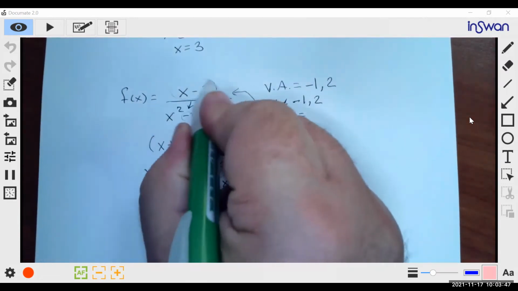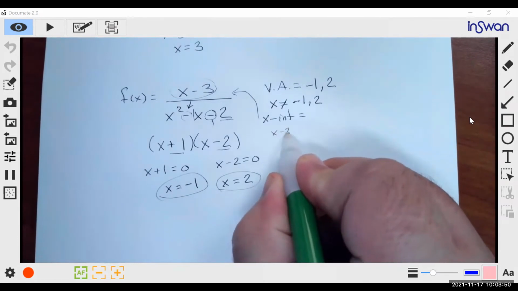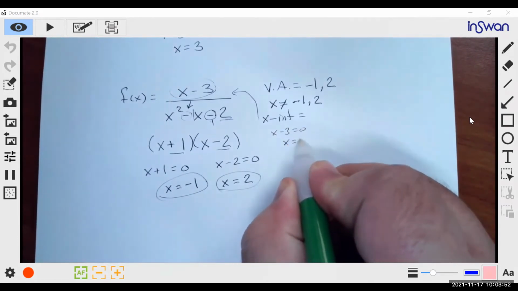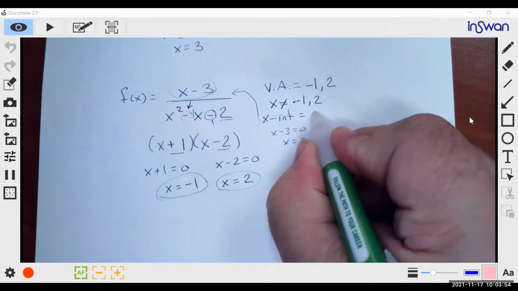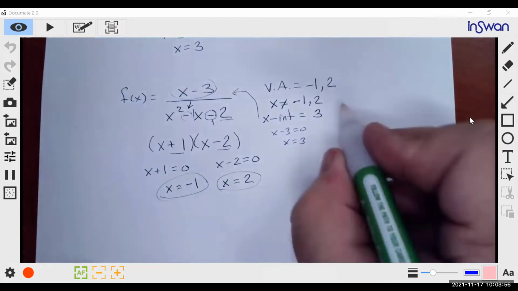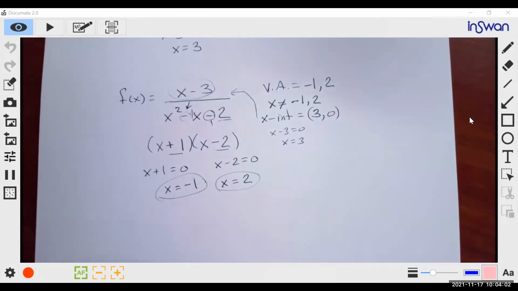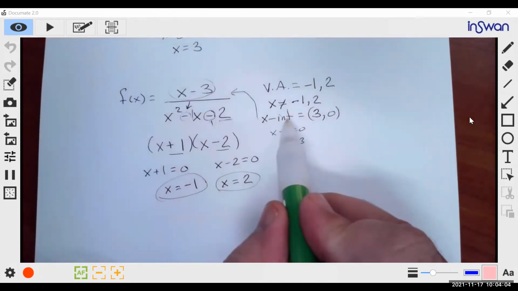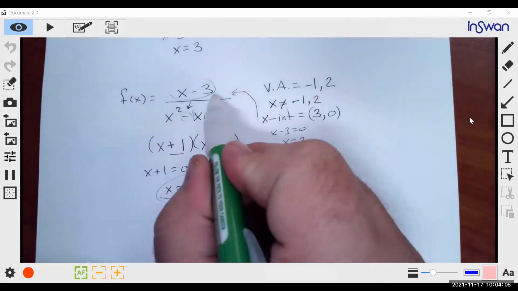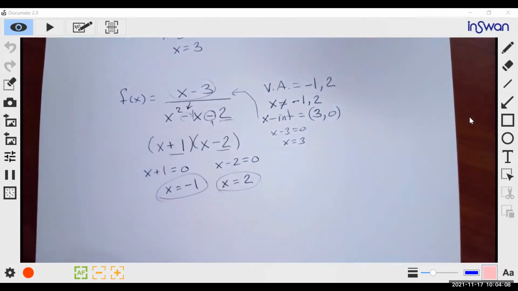So x minus 3 equals 0. So x equals 3. My x-intercept is at 3, or (3, 0). So whenever you're looking for the x-intercept or the zeros, always look at the top, the top equation.